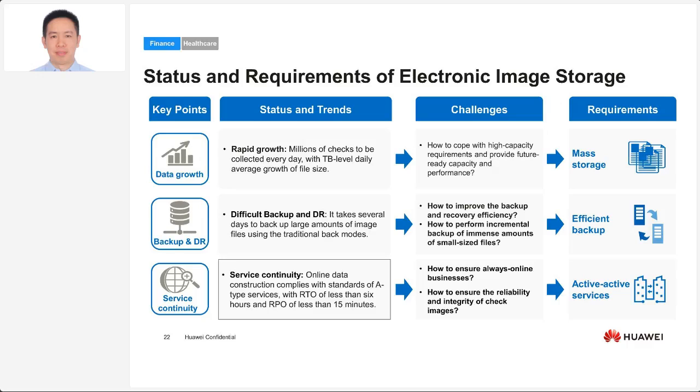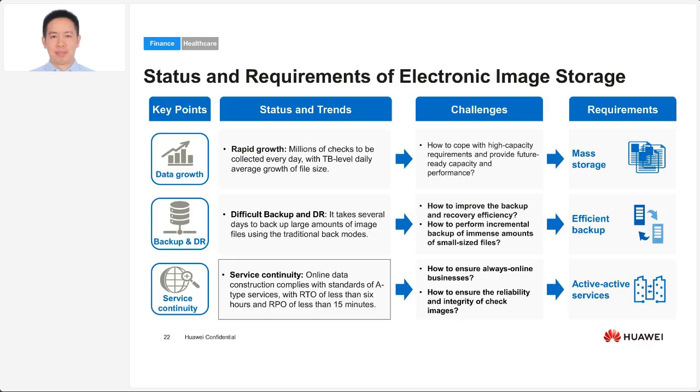We listed these key points: trends, challenges, and requirements. For sure, when we come to other industries, some of the requirements are probably very similar, but they have different challenges, coming from data growth, backup and DR, and service continuity. Different industries are looking for those key points.